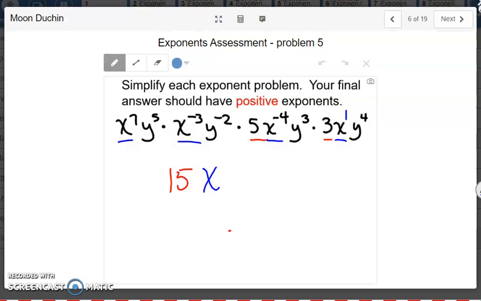So the exponent on the x, we have a 7, a -3, a -4, and a +1. And for the y's, we have 4 of those. So the exponent would be 5 plus -2 plus 3 plus 4.